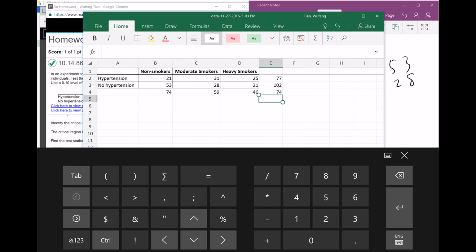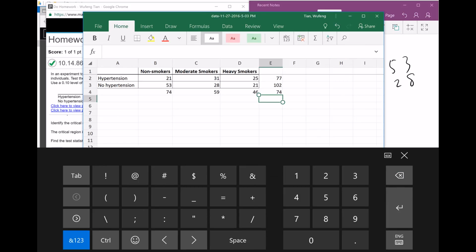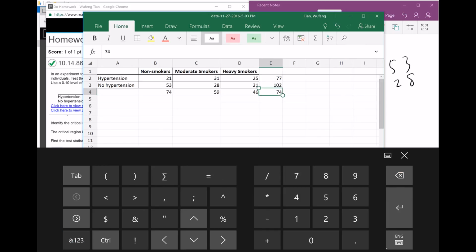Let me check. 74 plus 59 is... wait, why do I have 180? It's 103 for this one, so together it's 180?